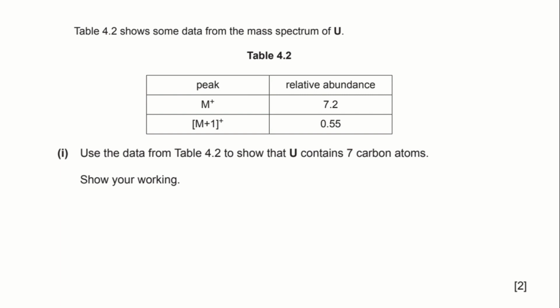So let us prove that by using the data. The formula to calculate number of carbon atoms in a molecule by using data from mass spectrum will be, so we'll be able to get that this is 6.94. If we round it up, it would be 7.